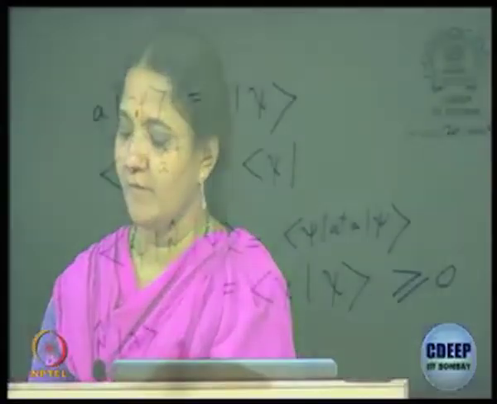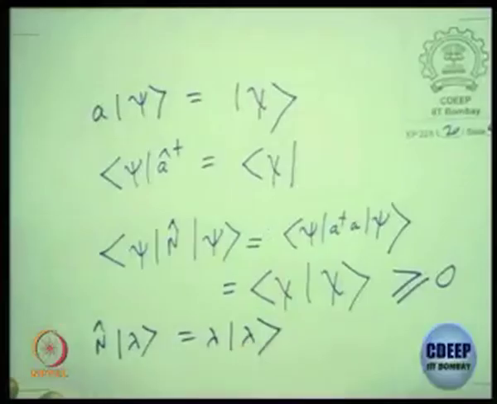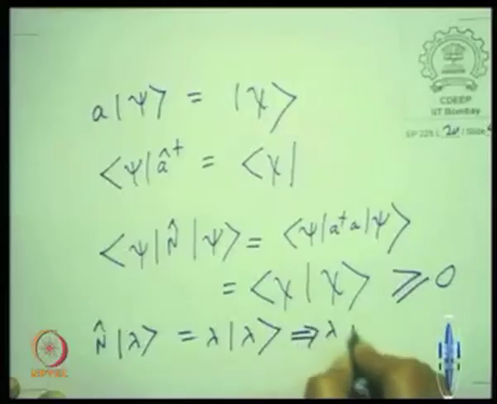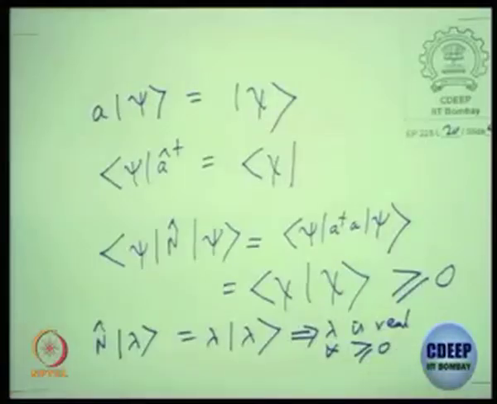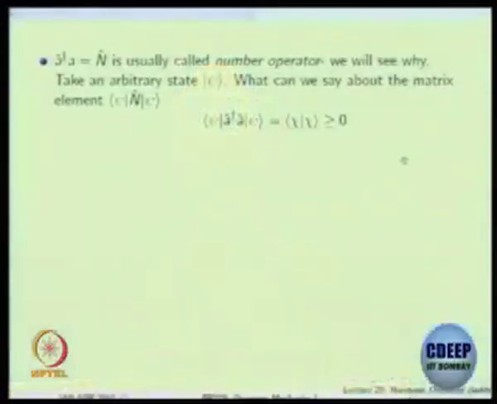So if suppose I find eigenstate lambda of a number operator, n on lambda is lambda on lambda, then this implies lambda is real and greater than or equal to 0. Both the conditions apply. Okay, so what can we say about this matrix element? As we have already worked it out now, we see that the matrix element has to be positive definite.